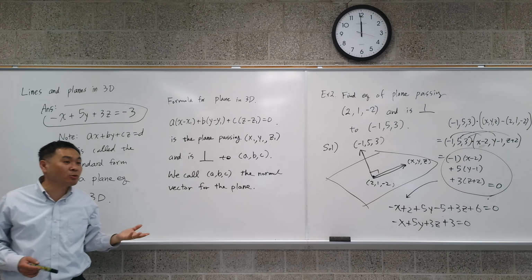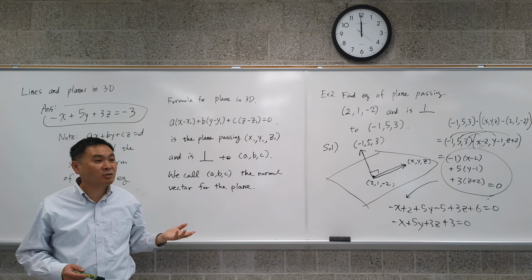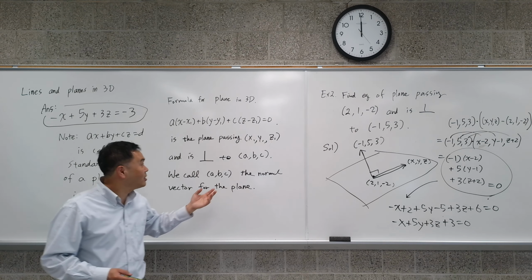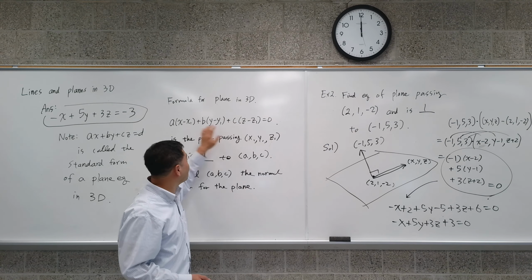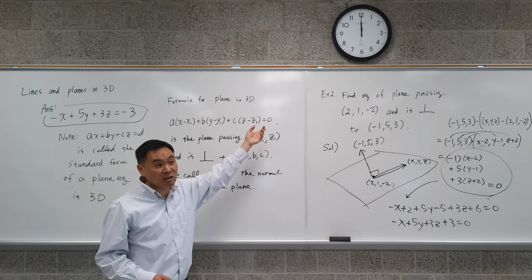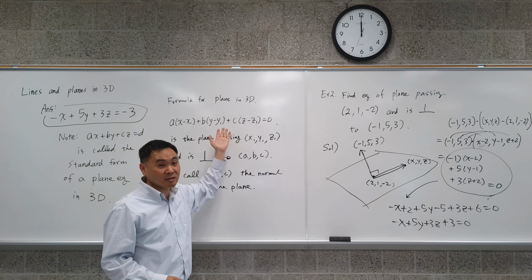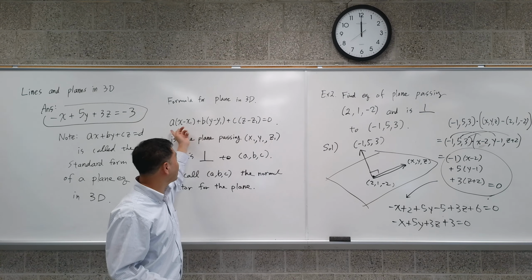Is 0 equal to 0? Yeah, of course. What does that mean? What did we just verify? That this given point is a point on the graph. If you plug in a point and it satisfies the equation, it's a point on the graph, right?